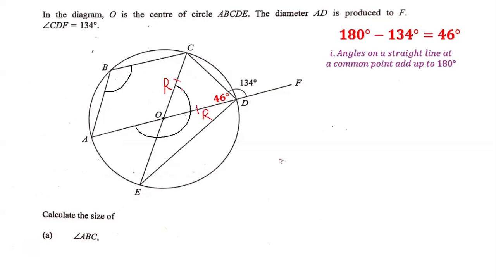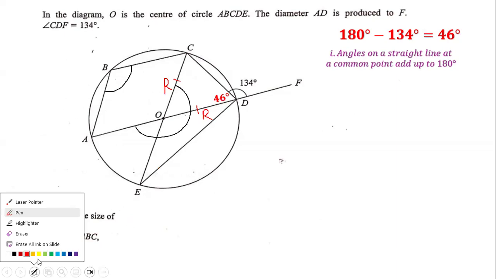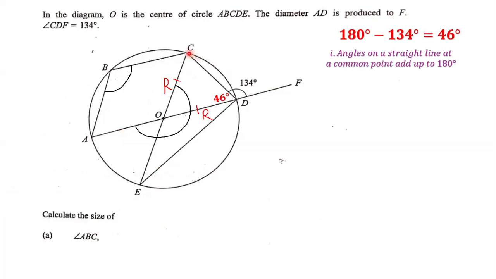And so that means that we have a triangle COD, in which these two sides are equal. And if the two sides are equal, then the two angles are equal. So if this is 46 degrees, then this must also be 46 degrees as well.